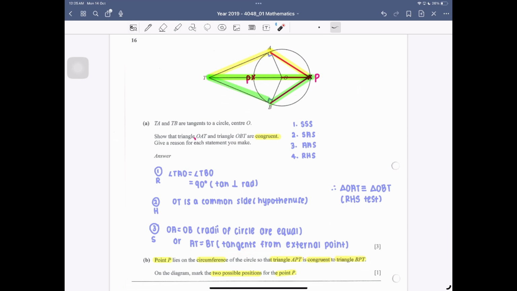So you have S and S. Last but not least, you also have the same angle right here, which also comes from the tangent from external point. So you actually have two sides and one included angle. So by the SAS test, putting point P right here makes the two triangles congruent.